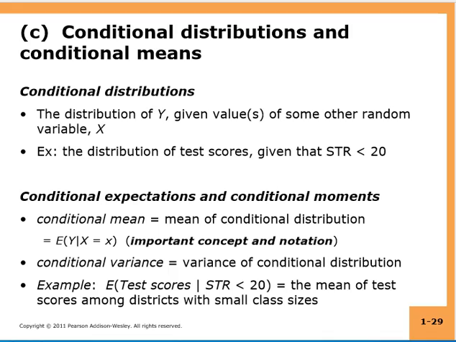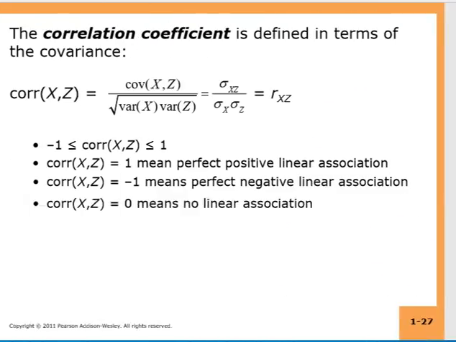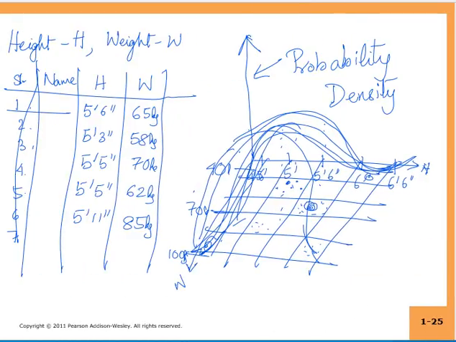Okay, so let us go back to our description of the height and weight. If you remember, we got a hill kind of a shape over here. Now suppose we wanted to see, for all the people who had a height of exactly 5 feet, how their weight varies.